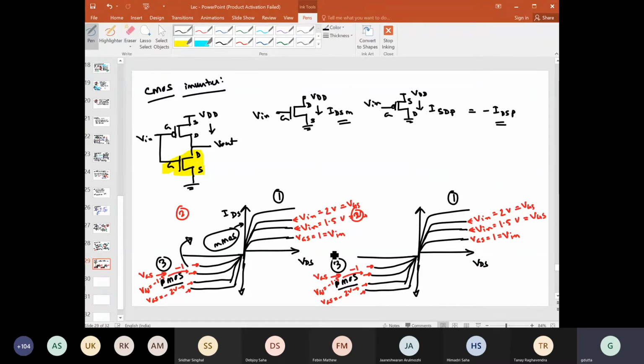If I flip it, then it will become like this, then the other one will become like this, the top one, this one will become like this, and the other one will become like this, right? Once I flip it from here to here, I can probably also change the values of this VGS.